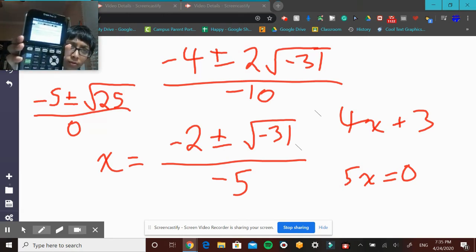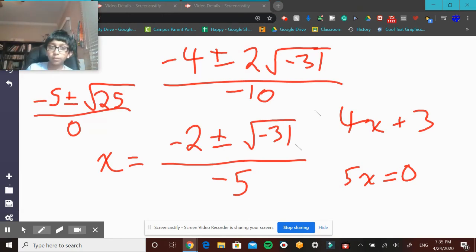You can't divide by 0. So if you're trying to solve a linear equation with the quadratic equation, it'll always be infinity, is what I put as my answer. On the true or false, if it asks you if it can be solved using the quadratic formula, it can be solved using the quadratic formula. But the answer will be infinity. Even though we all know that the correct answer is 0, the answer which I want you to put is infinity.